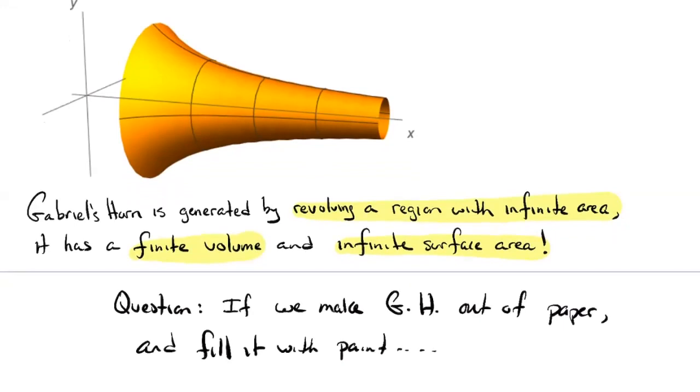I could fill that with a finite volume of paint, pi cubic units of paint. And then that paint would seep through the paper. The paper is porous. So in some sense, I've painted an infinite object with a finite amount of paint. I don't know. It's perplexing.